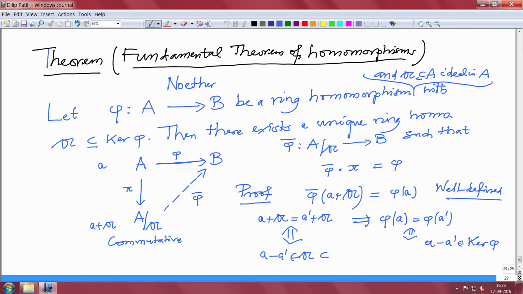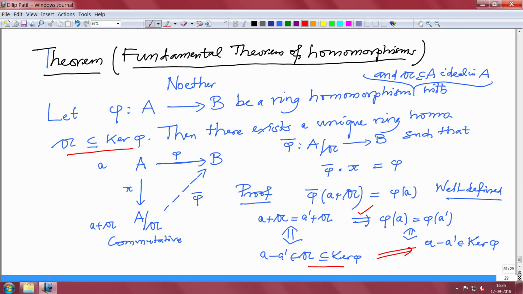That this is contained in the kernel, that is given to us. So that will mean this, and that is equivalent to saying this. So we have checked this. Well-definedness is checked, and that it is a ring homomorphism I leave to you, and commutativity is forced, so that it is clear.